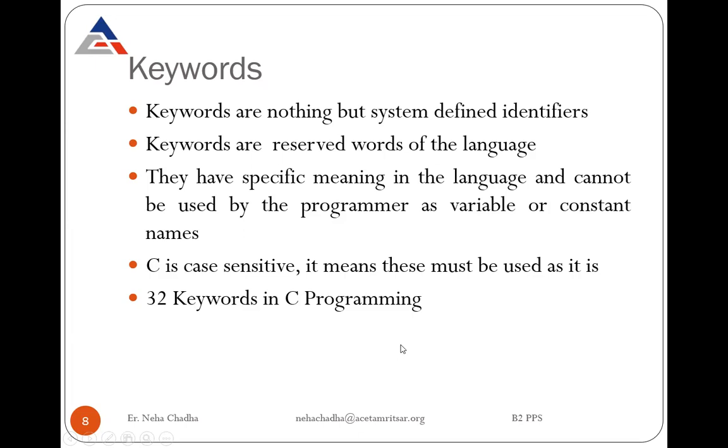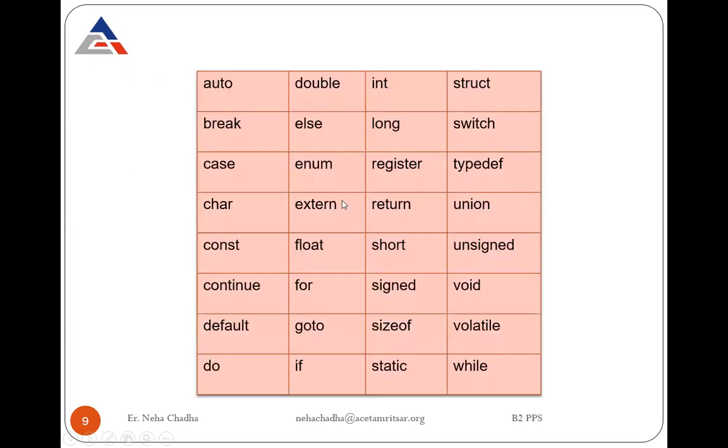I will show you what the keywords are. If I check the first row, you have integer as int. Int is a keyword. Then go to the fourth row, you will find char. Char is a keyword.